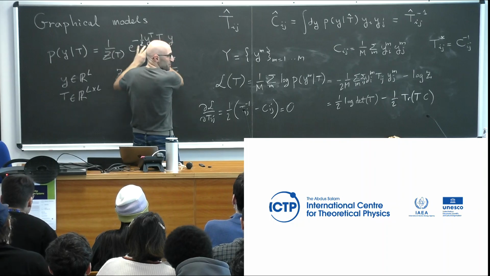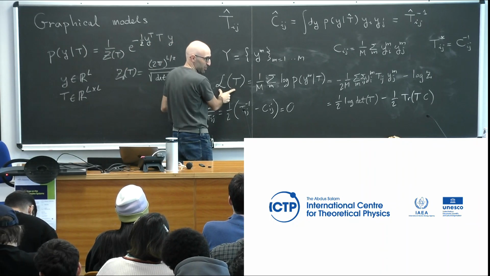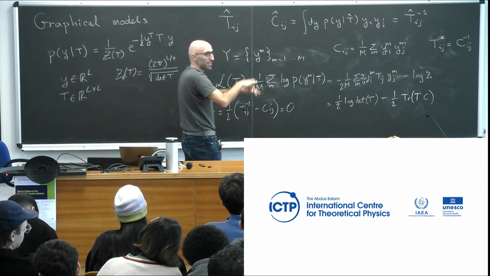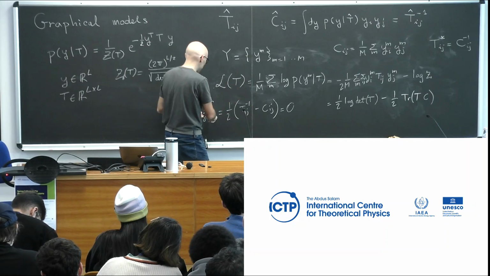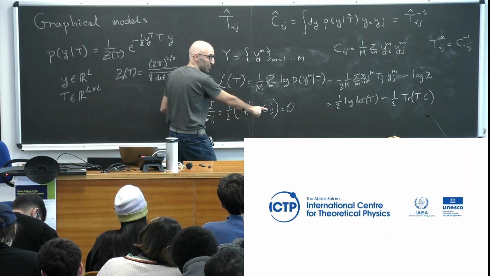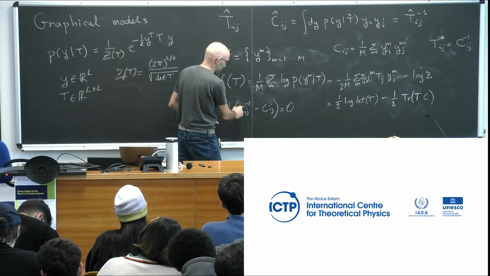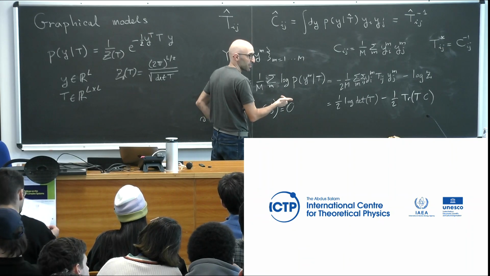I know that this is the likelihood, but I don't know T. So I compute the likelihood as a function of T. I get this. And then I know that this has a unique maximum. So to find the maximum, I take the derivative and I set it to 0. And then the derivative gives me T minus 1 equals C. Yeah, so we discovered the definition by the maximum principle.